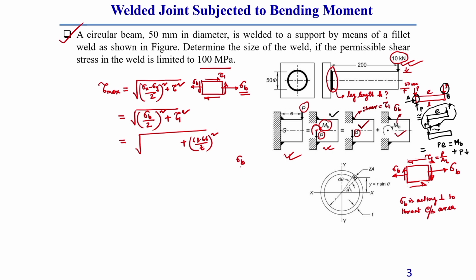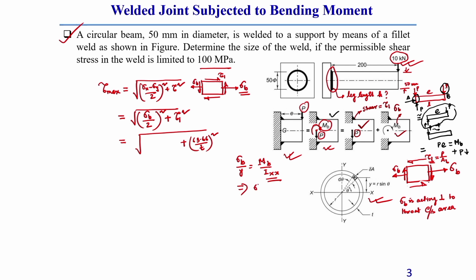We know sigma b by y is equal to M b by I. Here, always keep in mind, we take I xx, because the bending moment is acting about the horizontal axis, in the direction of x x.